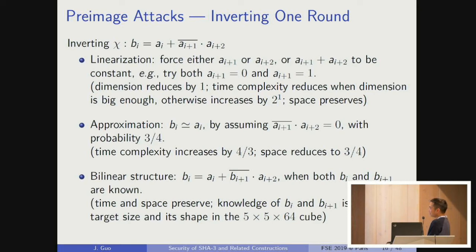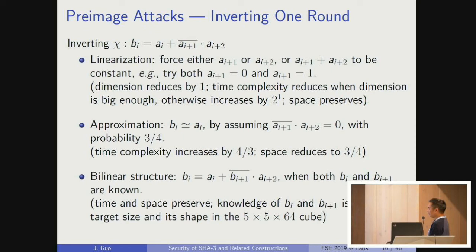By this method, the time complexity increases. You have a probability here; it doesn't always hold to be 0. And the space is reduced to 3/4, because you only use the combinations that lead to 0, like when this is 0 and when this is 1.